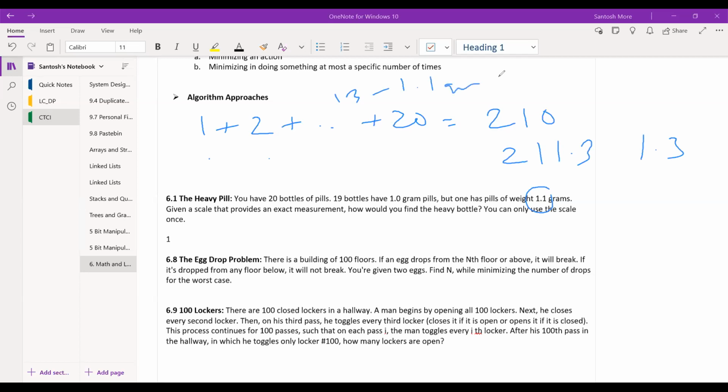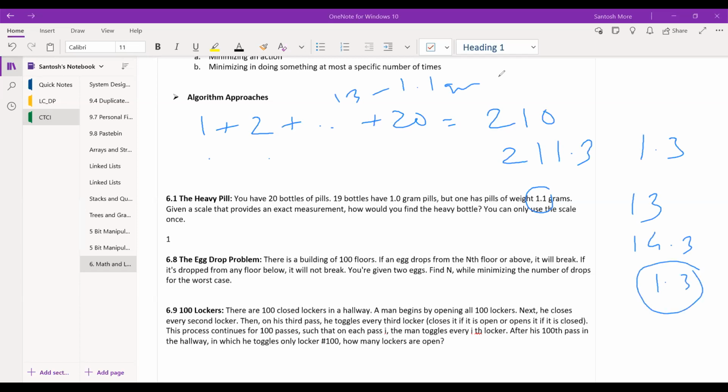So 13 multiplied by 1.1 will give you 14.3. It was expected to be 13, but it is giving us 14.3, and the difference is 1.3.